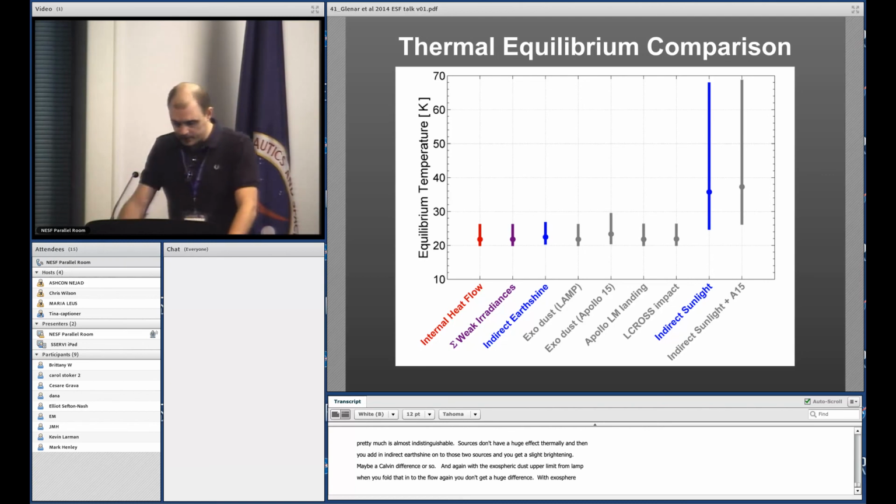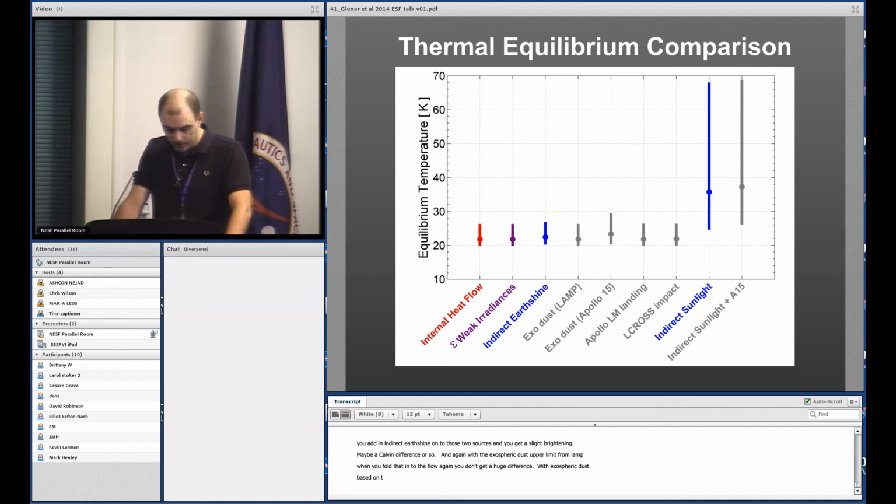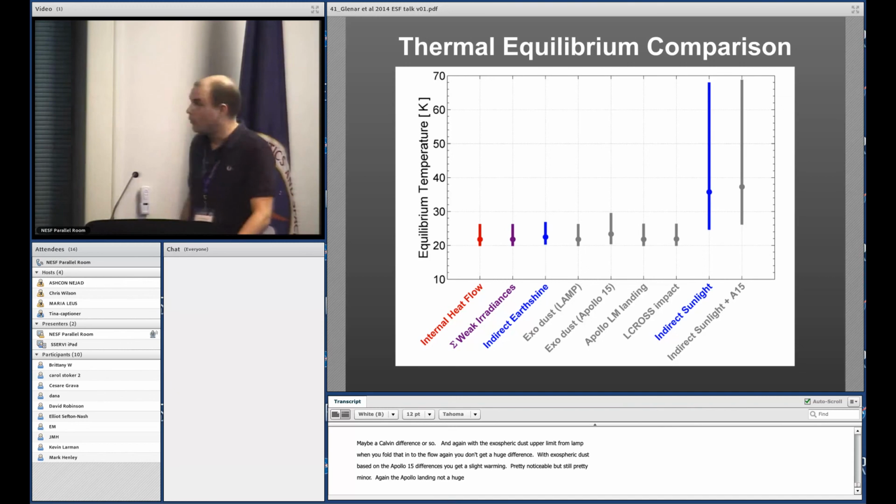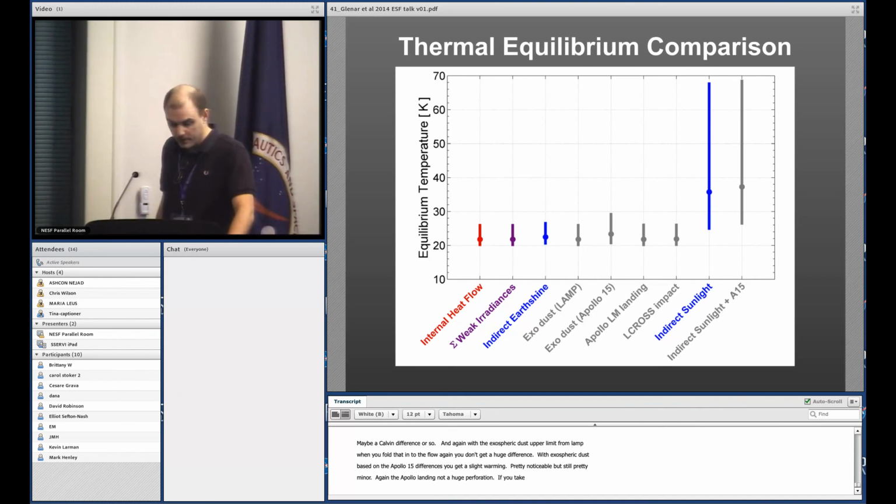And again, with the exospheric dust upper limit from LAMP, when you fold that into the internal heat flow and weak irradiances, you don't get a huge difference. With exospheric dust from the estimate based on Apollo 15 observations, you get a slight warming there, maybe 2 to 3 Kelvin. So that's noticeable, but still pretty minor. Again, the Apollo landing, not a huge perturbation, and again the L-cross impact, not too huge.